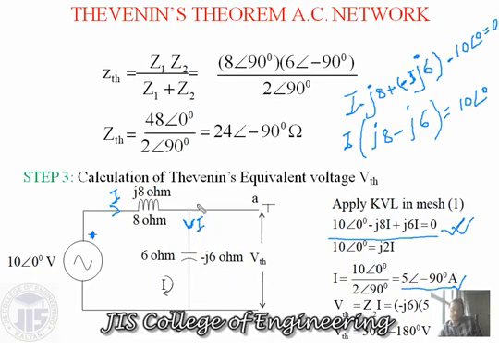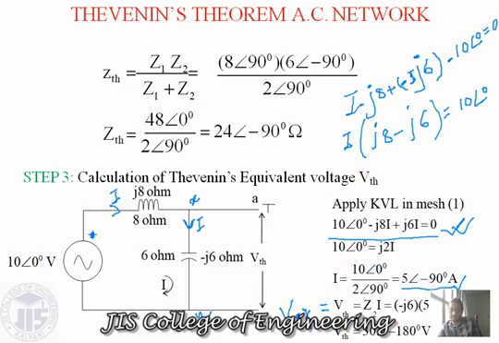So this VTH is nothing but the voltage across this terminal. Suppose we consider this terminal as X and this point as Y, so VTH is V of XY. And what is the value of V of XY? The current multiplied by the impedance value. The current is I, and the impedance of this branch is Z2, with a value of minus j6, and the I value we are getting is 5 angle 90.